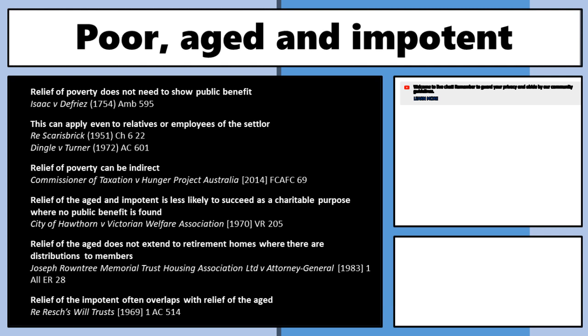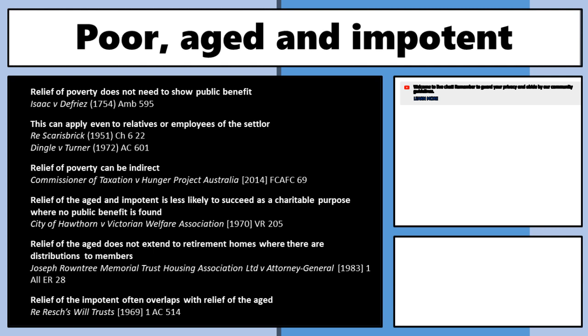And a relatively recent case, this is in the federal court, where you had the relief of poverty. So there was certainly the relief of poverty, but the entity that the money was given to, the charitable trust being set up, wasn't the one that was doing the actual relief.